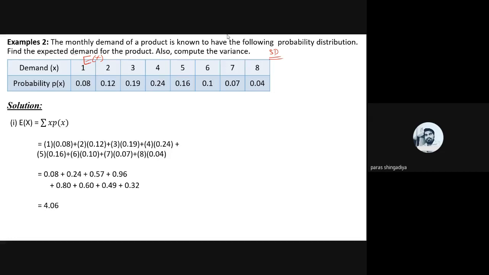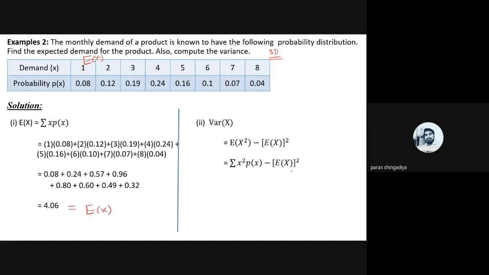That is 4.06. And now for variance, the formula of variance is equal to E of X square minus E of X whole square. That is sigma X square into P of X minus E of X whole square. What is the answer of E of X that we already derived here? That is equal to 4.06.